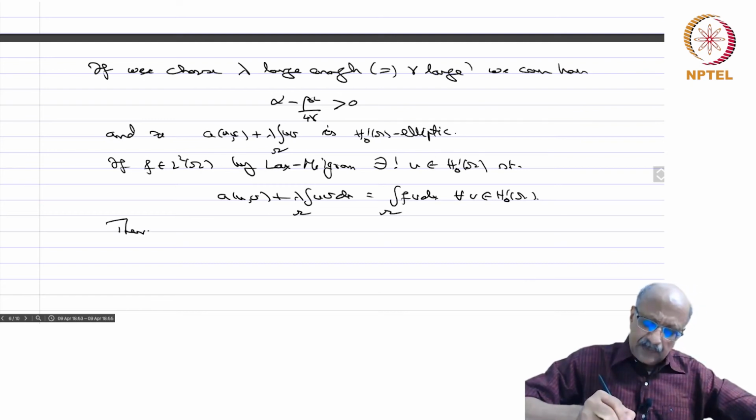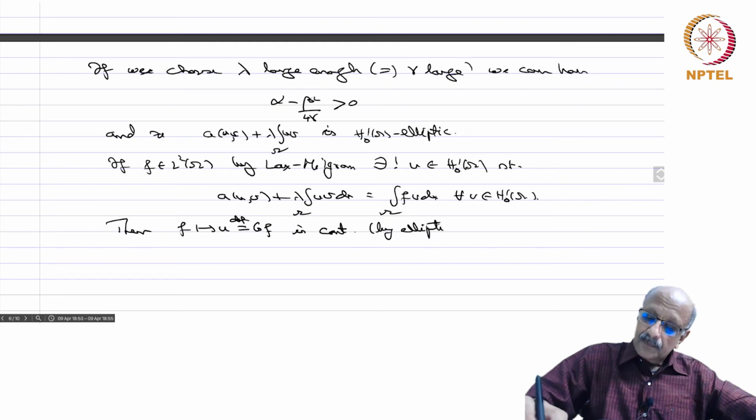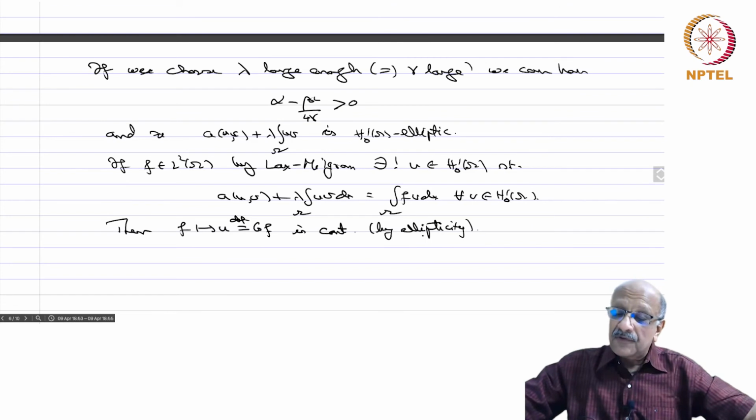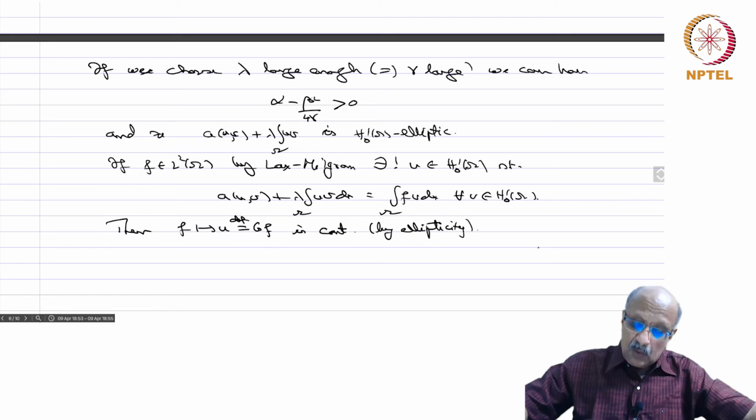Then by the ellipticity we know that f mapping to u, which I am going to call G of f, is continuous by ellipticity. We already know that if you have AUV equals FV, then f going to u is a continuous mapping G, and the norm of that operator is 1 over the ellipticity constant.